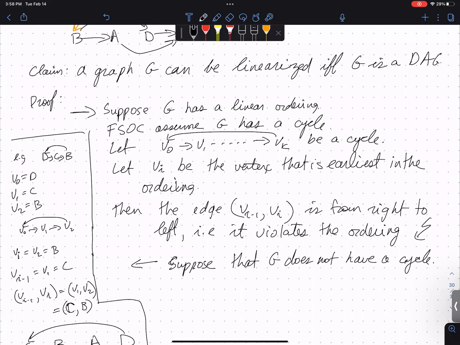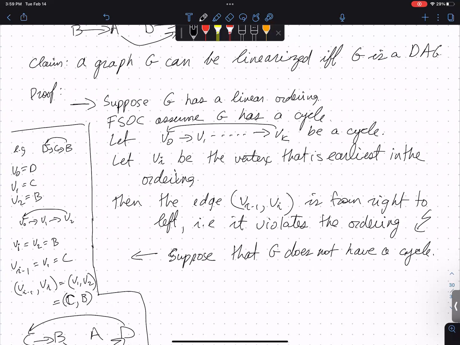We need to then show that G can be linearized. The easiest way to show that G can be linearized is to give an algorithm that gives you an ordering, and then prove that that ordering is valid. Valid, I mean no edges going from right to left.